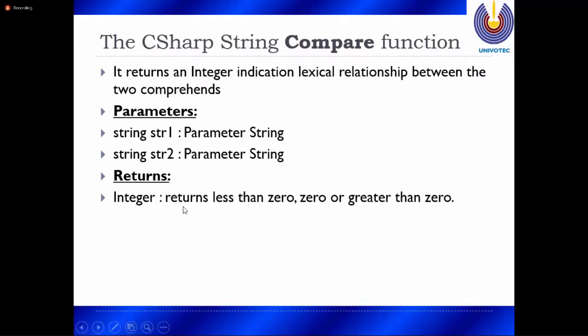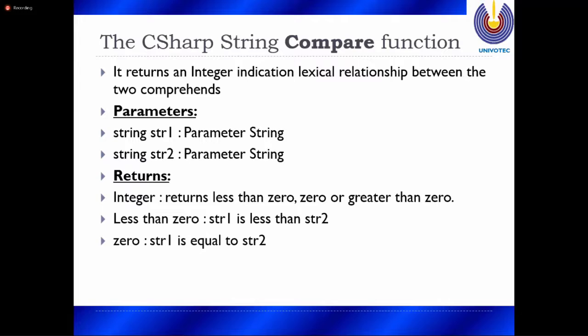The compare returns 0, less than 0 or greater than 0, negative or positive. If it is less than 0, str1 is less than str2. If it is greater than 0, str1 is greater than str2. If it is 0, str1 is equal to str2, and both strings are the same.